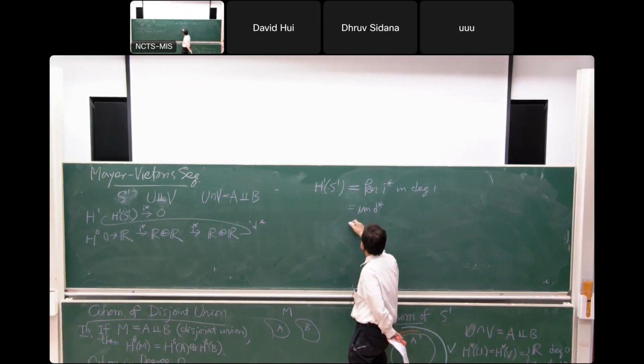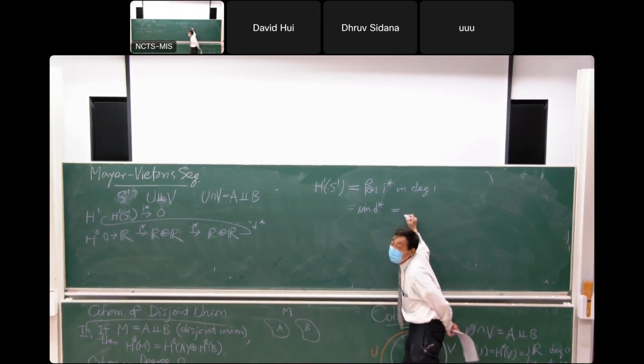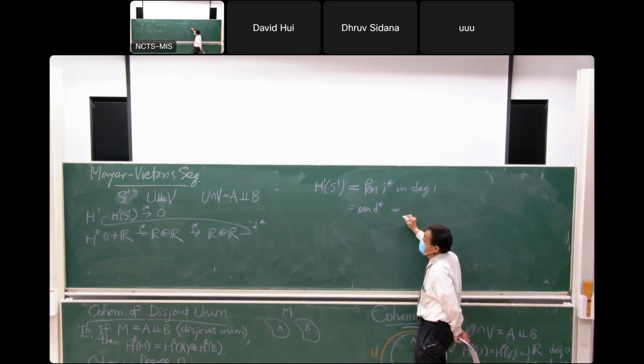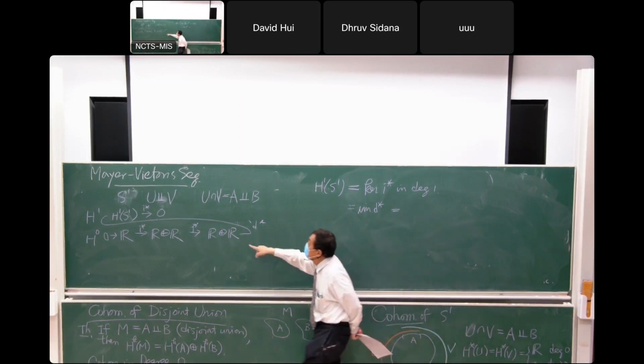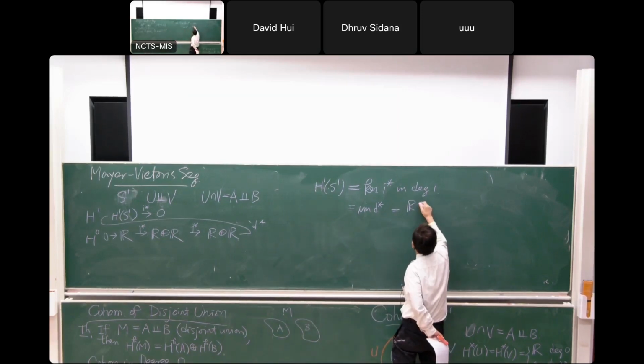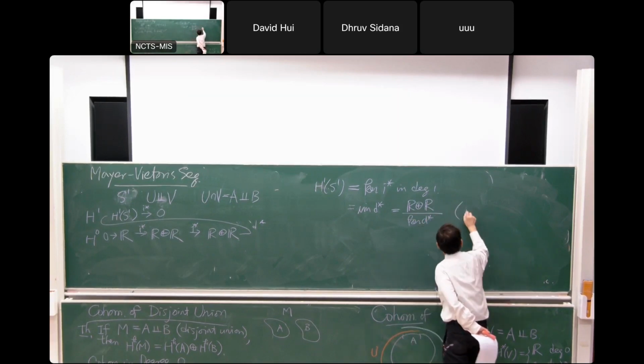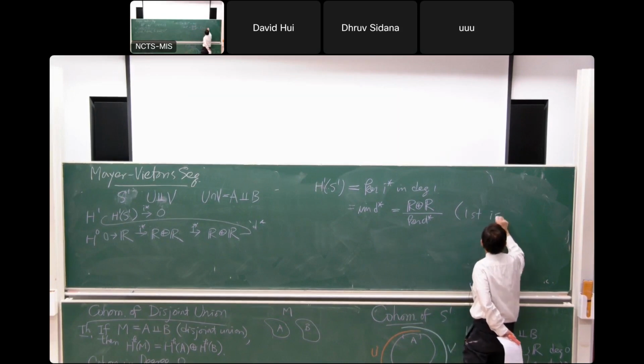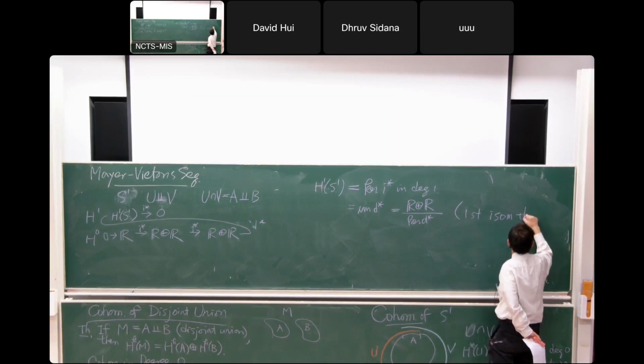And the image of d star by the first isomorphism theorem is going to be the domain over the kernel. So R plus R over the kernel of d star. Okay, that's the first isomorphism theorem of linear algebra.